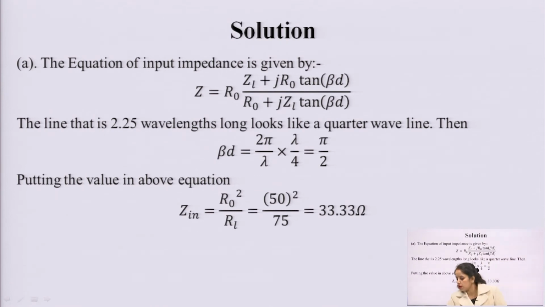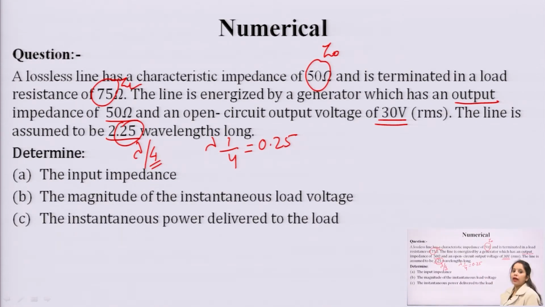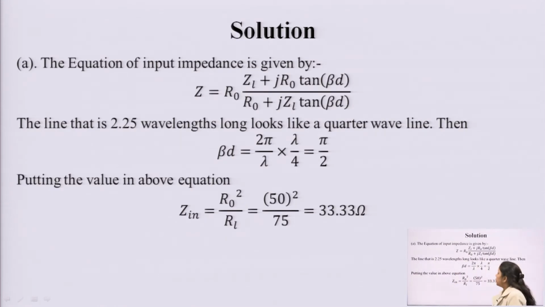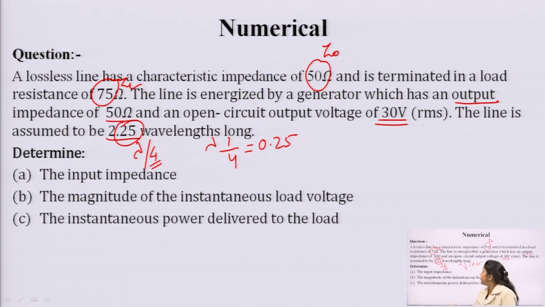First, what we have to solve? We have to calculate the input impedance, and for that first of all we write the equation for the input impedance and see what values we have. We have the value of the characteristic impedance, R naught or Z naught, and the load impedance. So, we will use the formula of the input impedance in terms of Z naught and ZL, because these two terms are known to us.